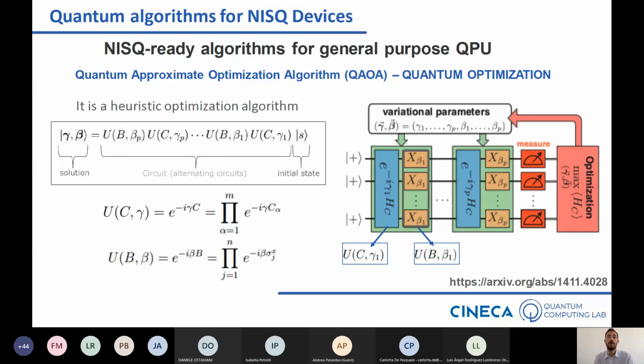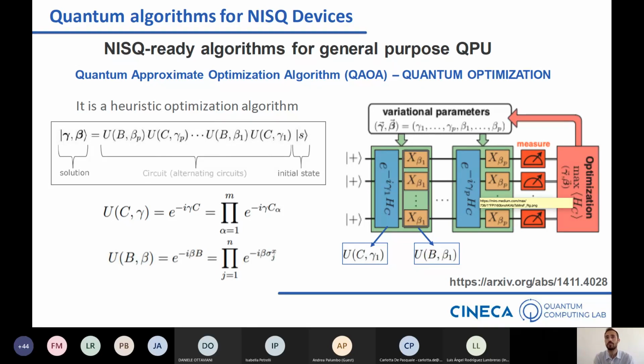Actually, for QAOA, there is a result that tells you that in the limit where the number of layers goes to infinity, you exactly get the optimal.